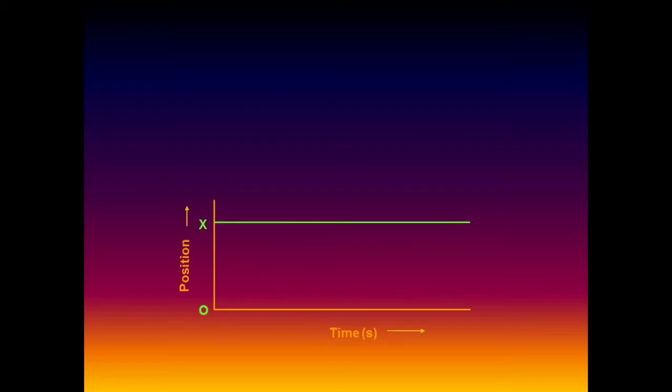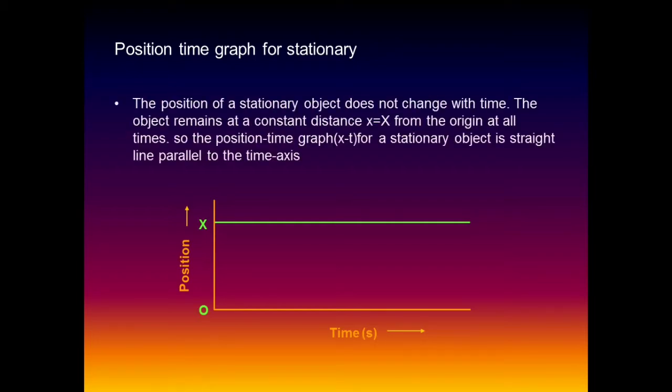Now we are going to see the different graphical representations. The first one, you are seeing the position time graph for the stationary object. The position of a stationary object does not change with time. The object remains at a constant distance, that is x equal to capital X we have taken here, from the origin.